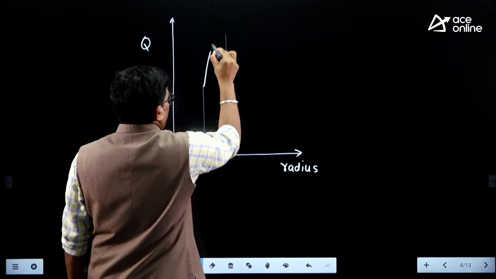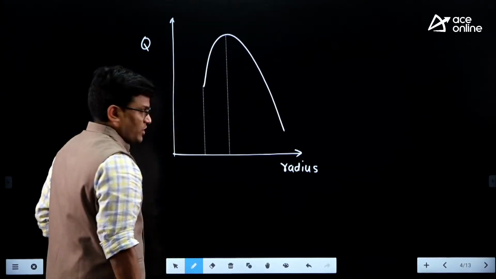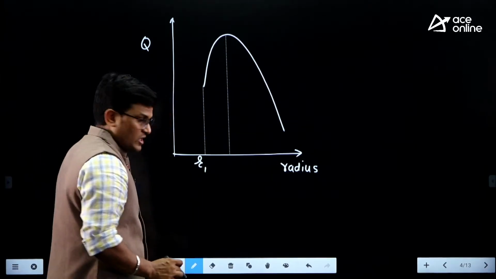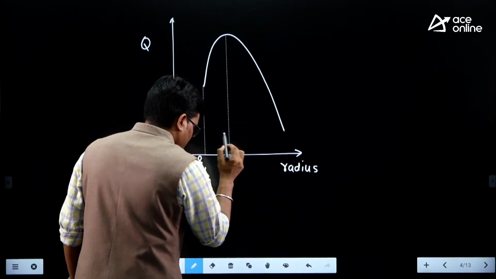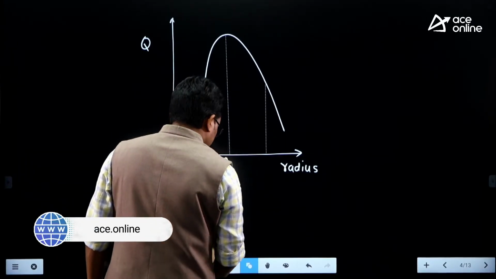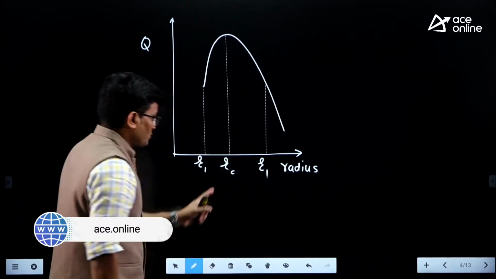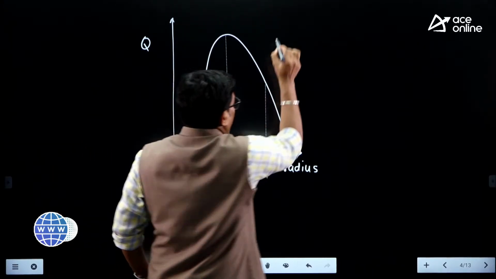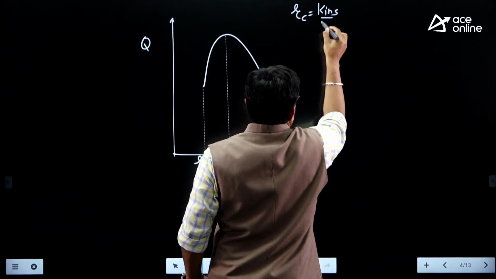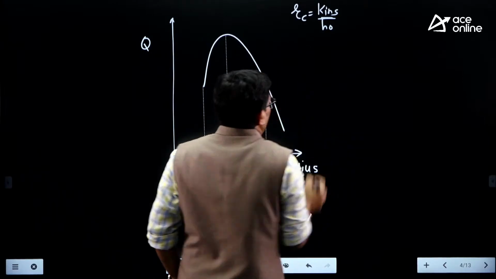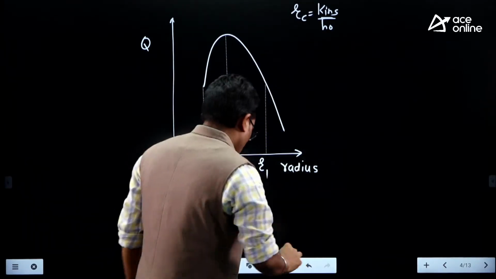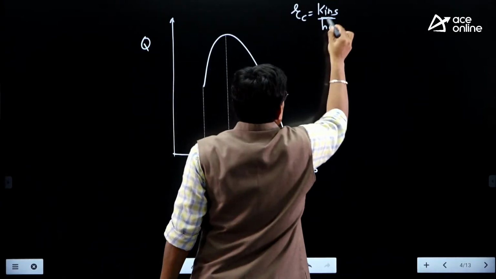If I join the curve like this, this is your original R1, this is your RC, or you can start from here also. RC is fixed. Why is RC fixed? Because RC is equal to K insulation by H outer. K is not going to change, H is not going to change, so the RC value is anyway fixed.